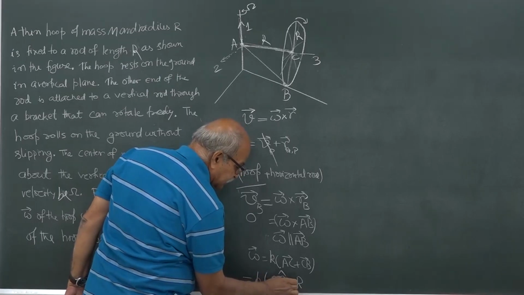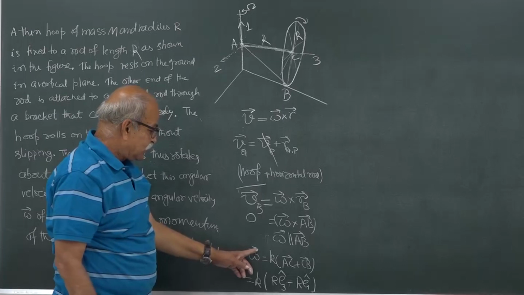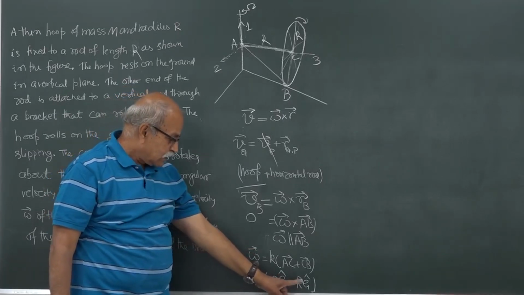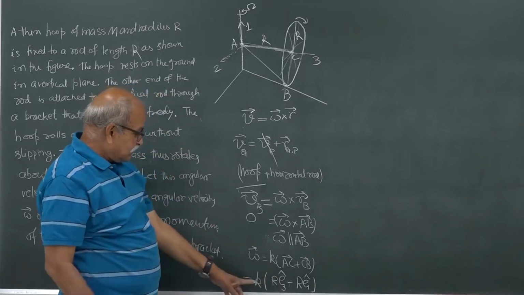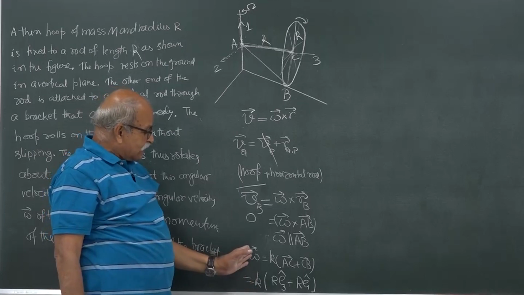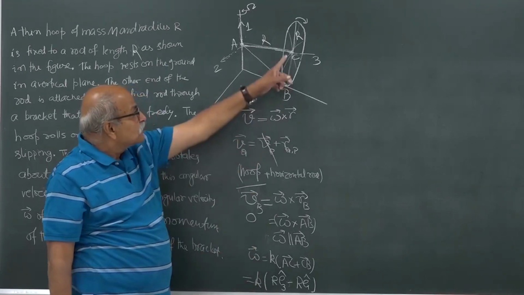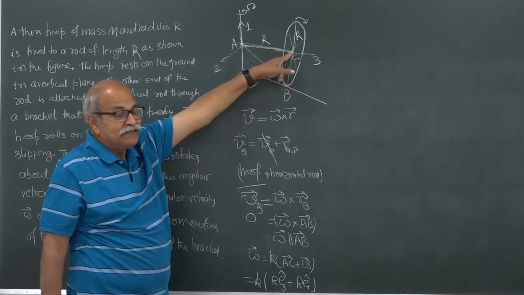So, I can put minus here and E1 cap here. So, that is omega. Omega is k times R E3 cap minus R E1 cap. Now, this k is unknown yet. Once I have written the expression for omega, with this omega I can also write the velocity of this point C. So, what is the velocity of point C?